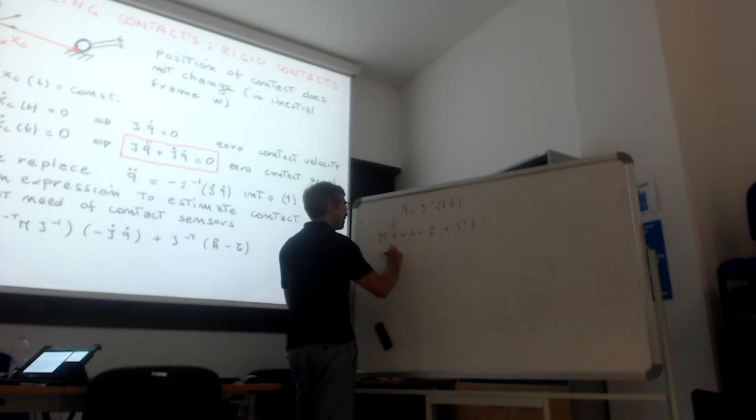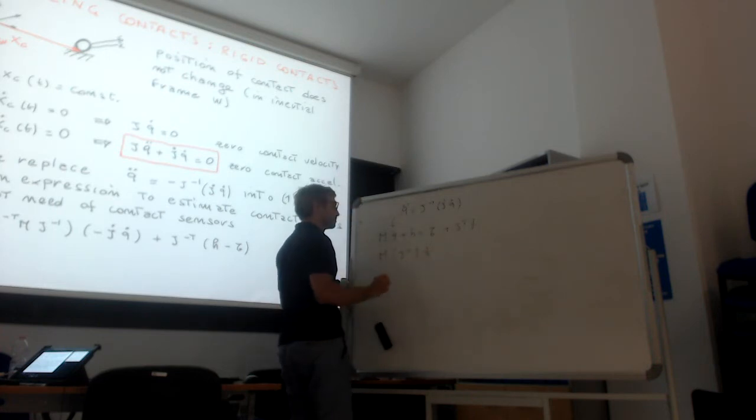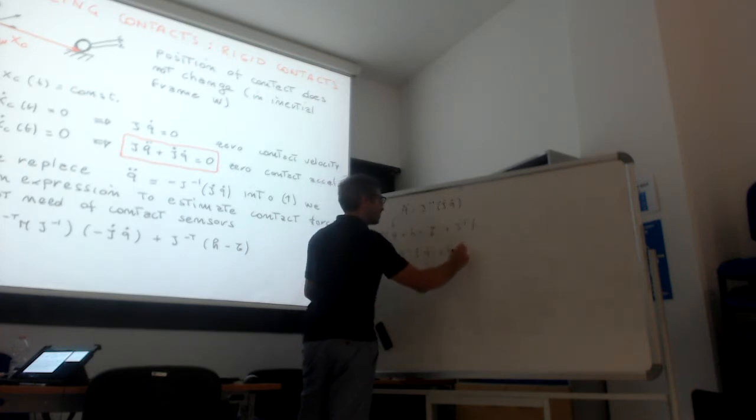We get M J minus 1 J dot q dot plus h minus tau.